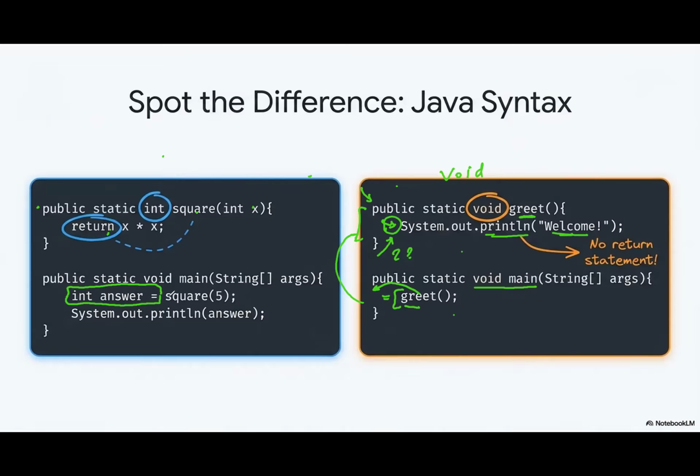Okay, so what we did here: if we delete the variable that is going to store our value returned from square, and then later on I try to print it out, it will not find the answer variable. So it will not be able to print anything. That's why it will show me an error. Okay, is that clear? Yeah.